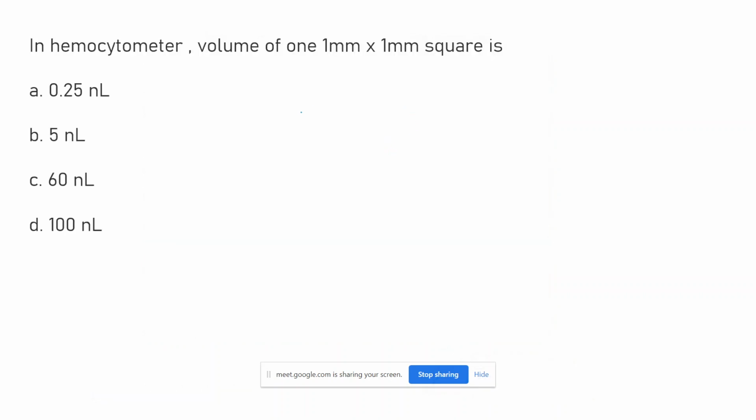The next question is, in a hemocytometer, the volume of 1 millimeter by 1 millimeter square is: first, 0.25 nanoliter; second, 5 nanoliter; third, 60 nanoliter; and fourth, 100 nanoliter.